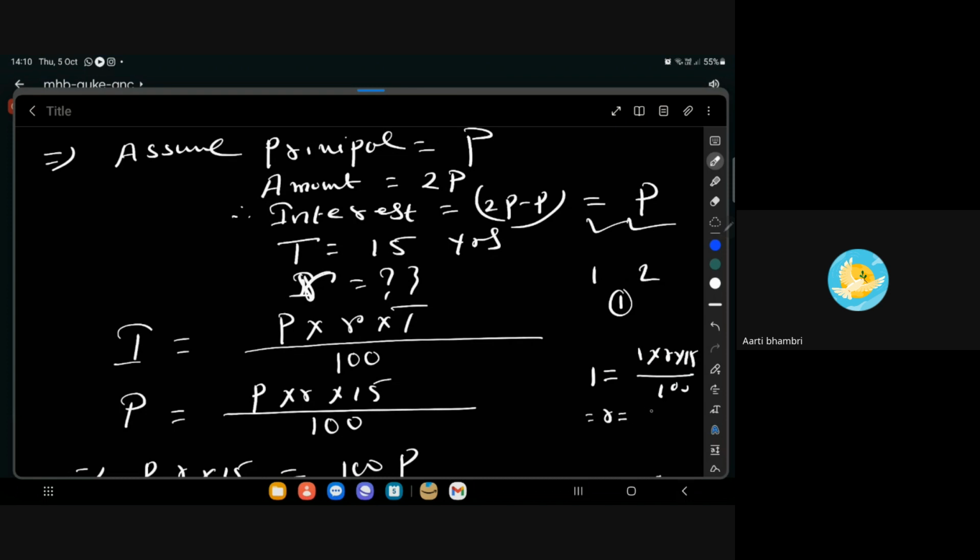So r equal to 100 by 15. So like this also you can solve. Is it clear? Instead of assuming P, you can solve it by assuming 1, 2, 3, 400, any number also. Is it clear? It will give you the same answer. Yes, sir. Okay.